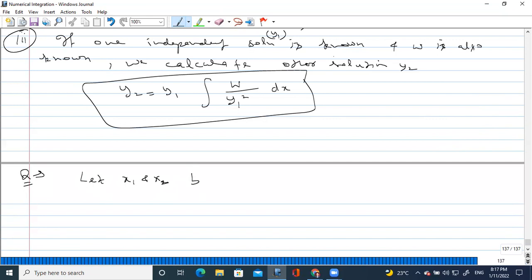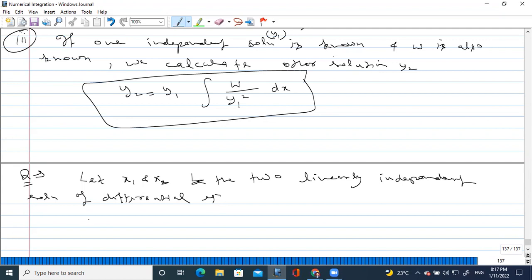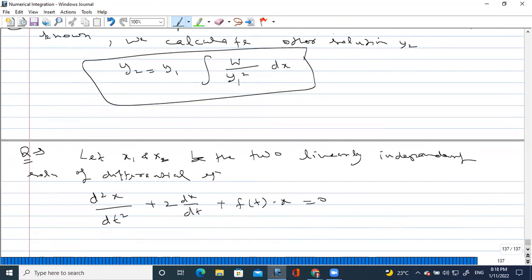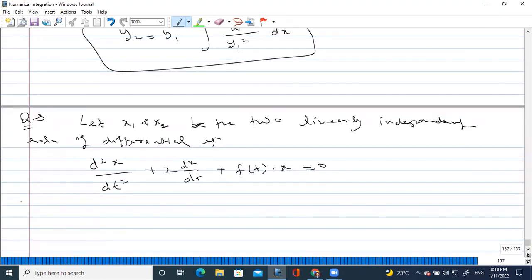Let x1 and x2 be the two linearly independent solutions of the differential equation d2x by dt square plus 2 dx by dt plus f(t) into x is equal to 0. This is the differential equation.